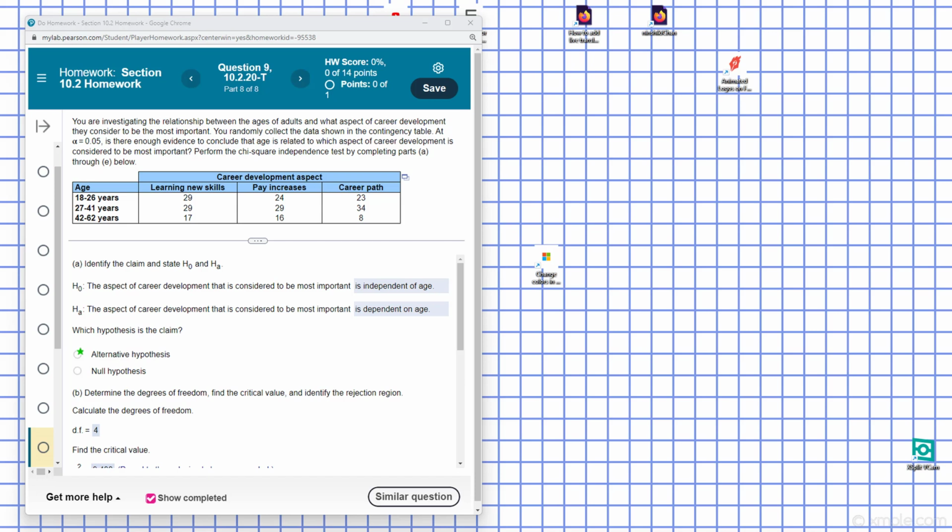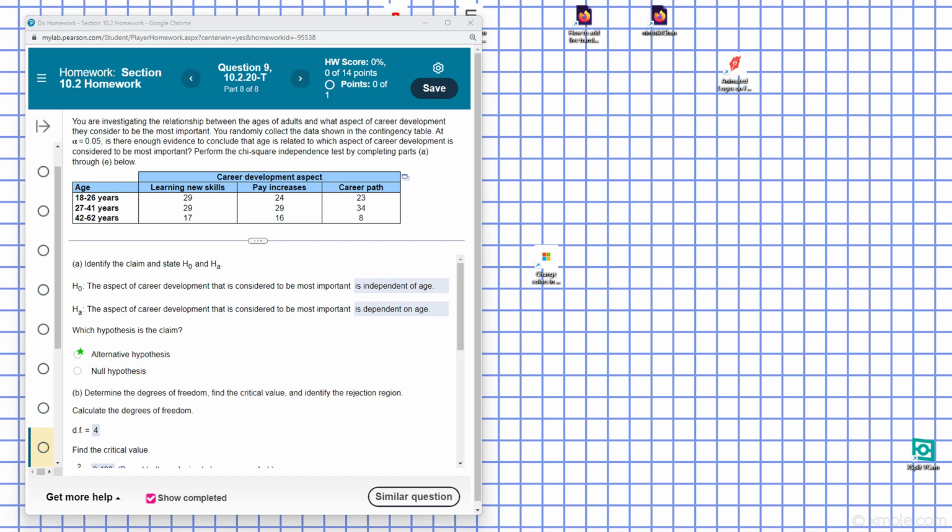Identify the claim and state the null hypothesis and alternative hypothesis. For the chi-square test of independence, the null hypothesis is always a statement of independence of the variables. So in this case, the aspect of career development that is considered to be most important is independent of age.